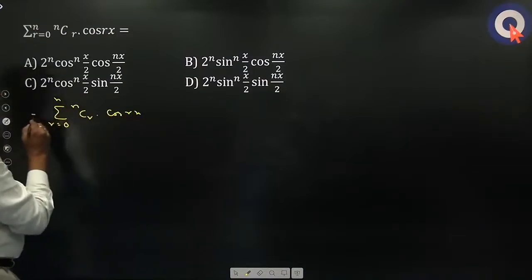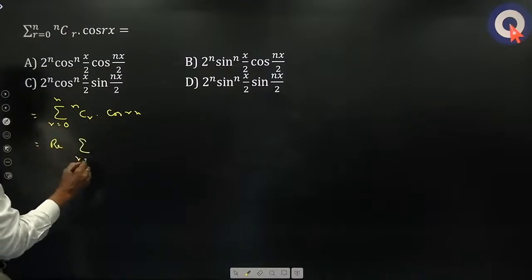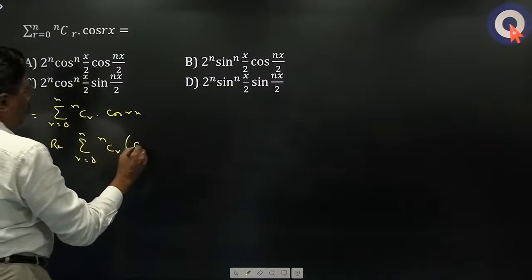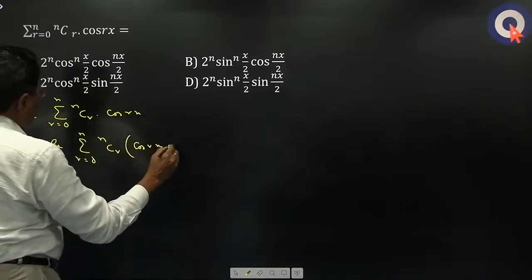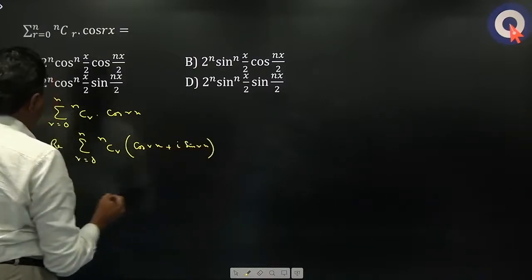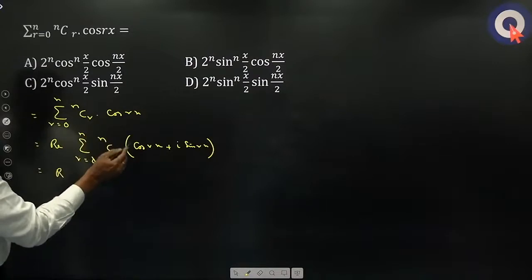So we shall write this as the real part of sigma r is equal to 0 to n nCr into cos rx plus i sin rx. So we can write this as the real part of, because cos rx is just the real part.